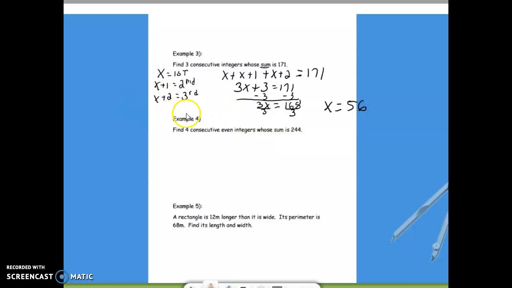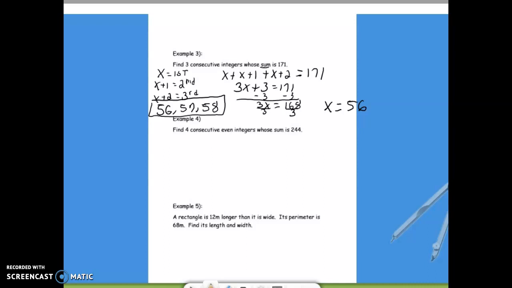All right, so if they're consecutive, then we have what? 56, then 57, and then 58. Now, if you just want to quickly add all these up, 56 plus 57 plus 58 in your calculator, or if you could do it in your head, it's going to equal 171. All right.